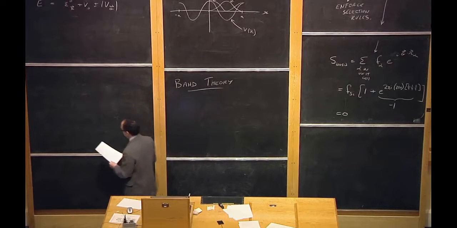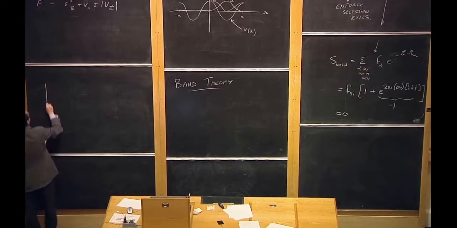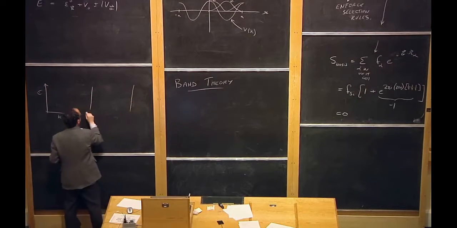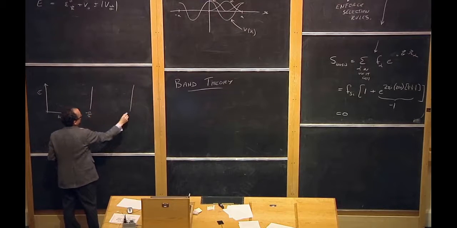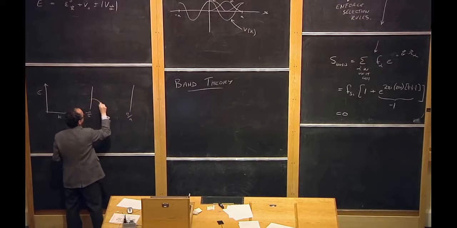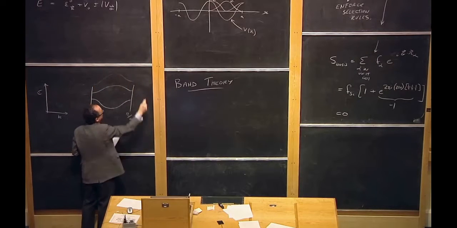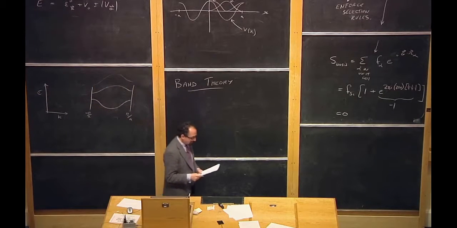Maybe let's draw a picture of some bands, like over here. So here's energy, here's K in this direction. I'll draw the Brillouin zone, from minus pi over a to pi over a. And then you might have some bands that look like this, and then a higher band that looks like this, and maybe some higher bands up here as well.